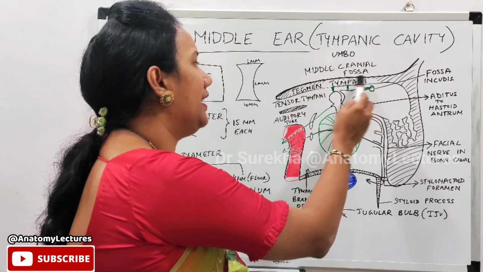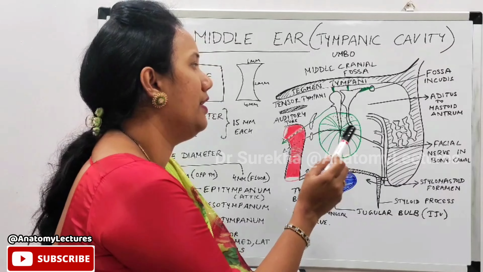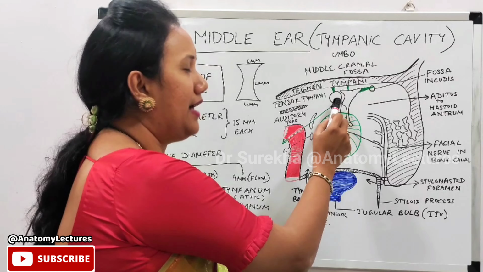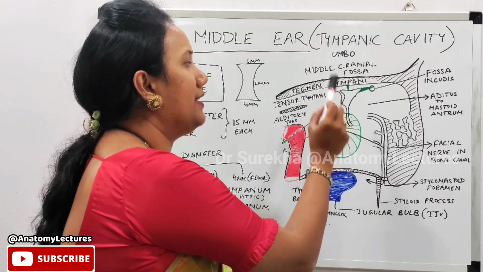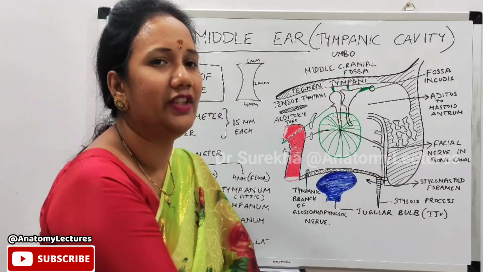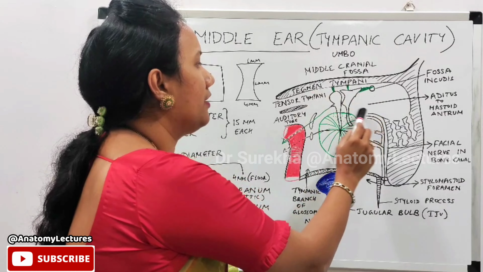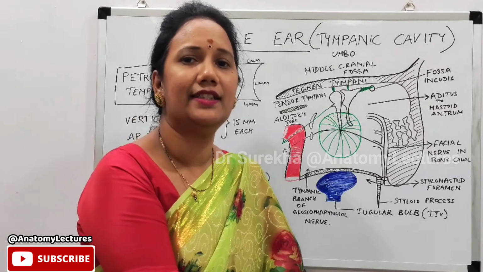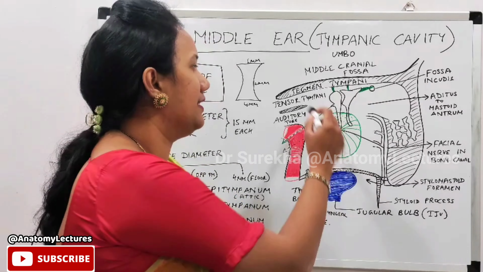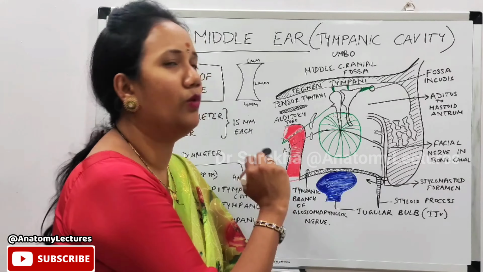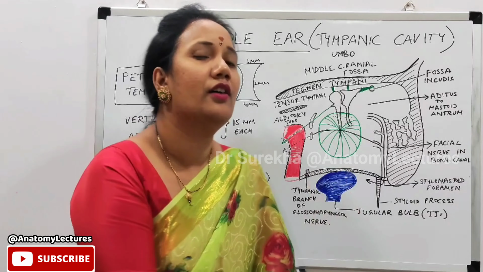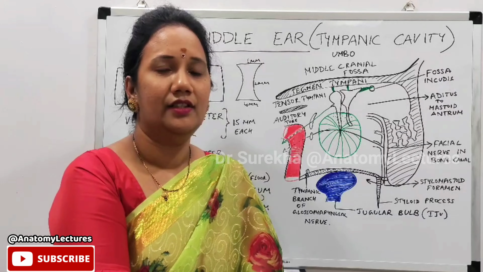Now if you have a look at the upper part of the lateral wall, you can see the head and anterior process of the malleus, and you can see the body and the short process of the incus. This part of the lateral wall is formed by the squamous part of the temporal bone. So this is about the lateral wall. The lateral wall also has one important relation with the chorda tympani nerve.